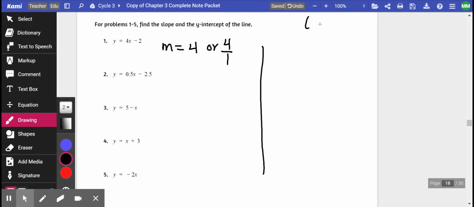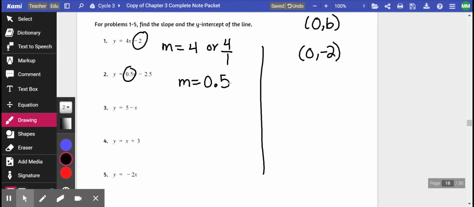Remember that you're going to write these as (0, b), so you're going to write them as the point for the y-intercept. This one has a 2 being subtracted, so that would be at (0, -2). This one, 0.5 is in front of the x, so m would be equal to 0.5, and your y-intercept would be at (0, -2.5).